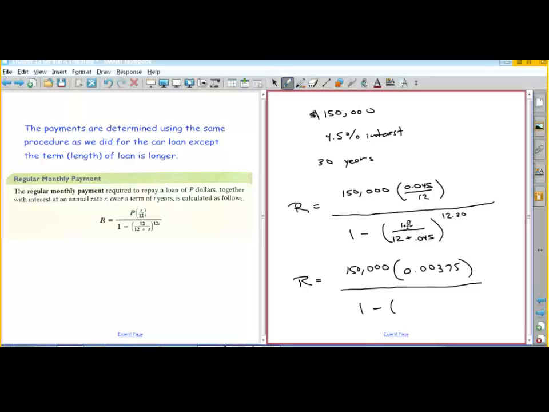And then we divide by 1 minus this. 12 times 30 is going to be equal to 360 payments. So that'll be to the 360th power. So we'll take 12 divided by 12.045, and we raise that to the 360th power. That doesn't look right.